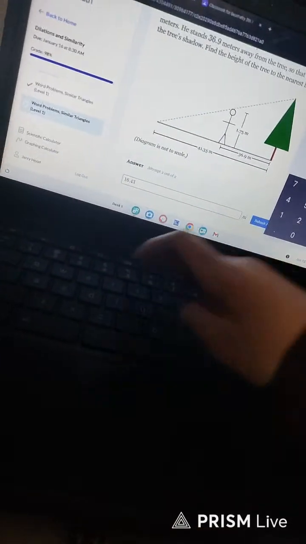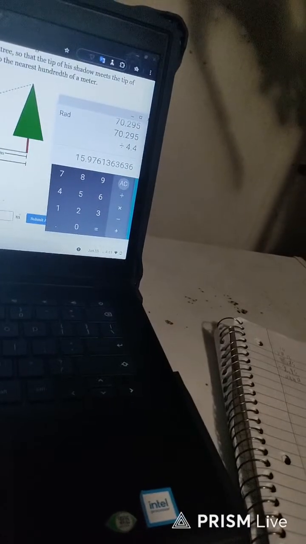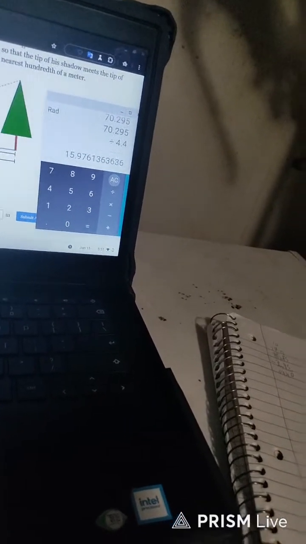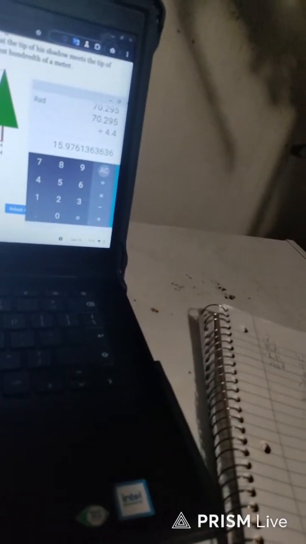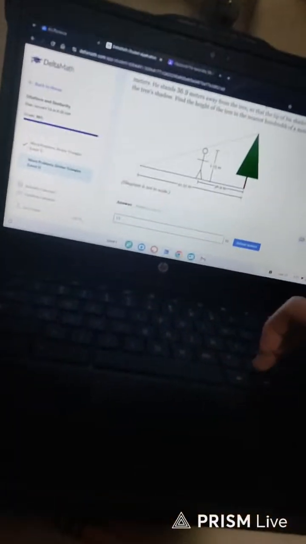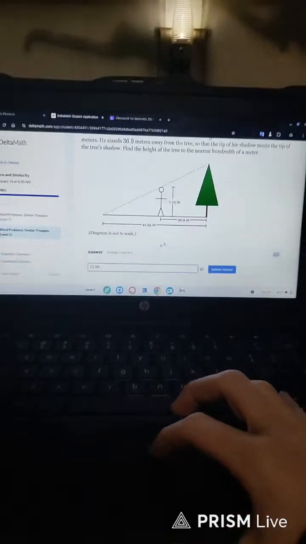We get 70.295 divided by 4.4. We get 15.976 is equal to x, and that is equal to 15.98. So x equals 15.98.